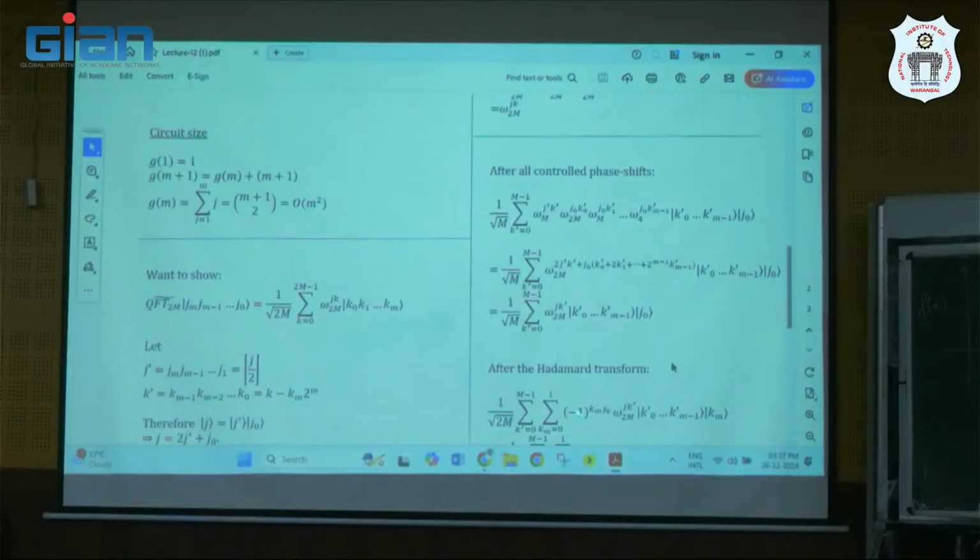What is it? Minus 1 to the km J naught. Agreed? Correct. J naught goes away, it is replaced by km, and the phase here is minus 1 to the km J naught. Agreed? Good. We got all this.